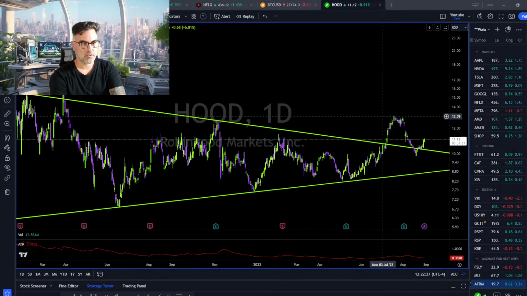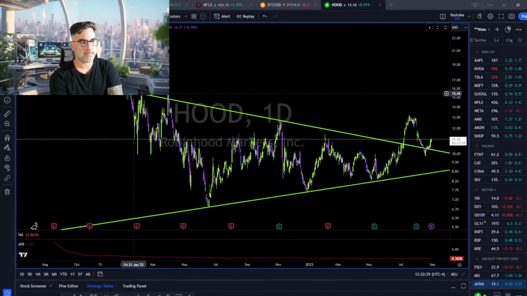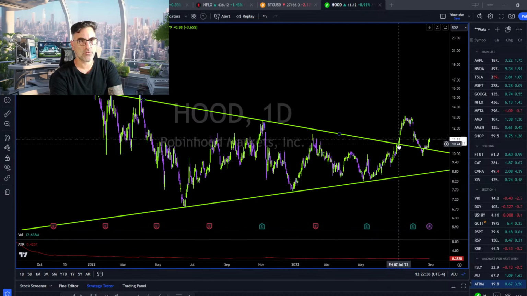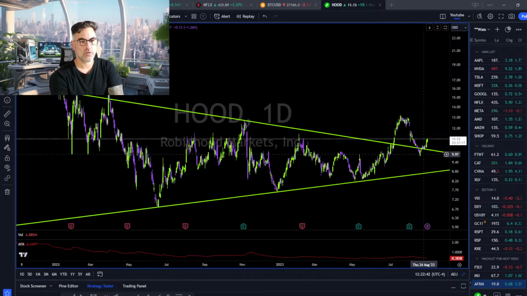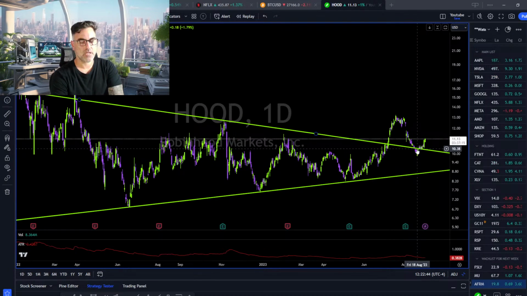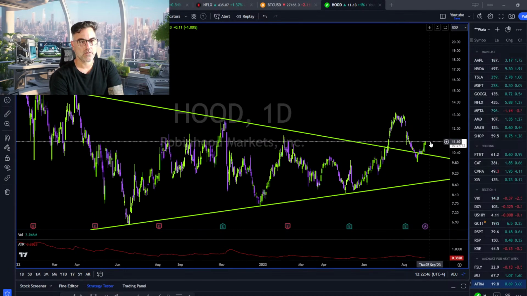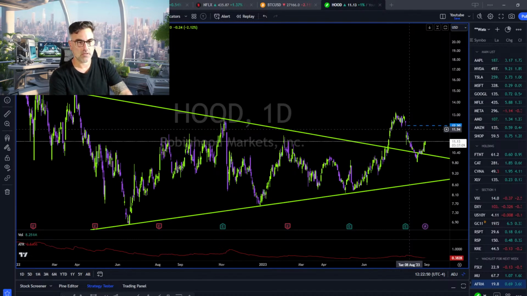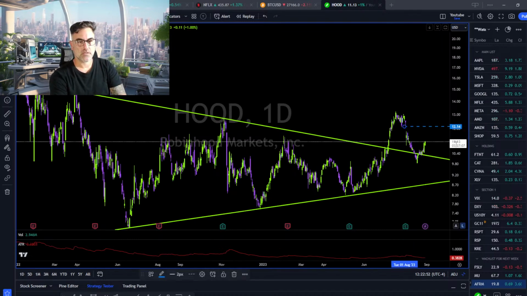HOOD. As you can see, we had a steep downtrend over here, broke to the upside at the beginning of July. Now retested it in the middle of August, now trying to bounce back, and we have the 212 gap.